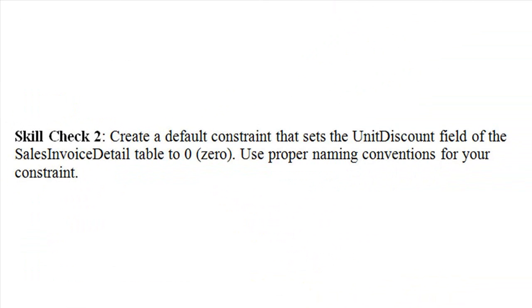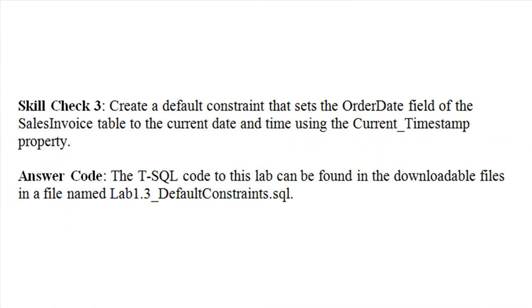Create a default constraint that sets the unit discount field for the sales invoice detail table to 0. Use proper naming conventions for this constraint. Skill Check 3. Create a default constraint that sets the order date field of the sales invoice table to the current date and time using the current timestamp property.